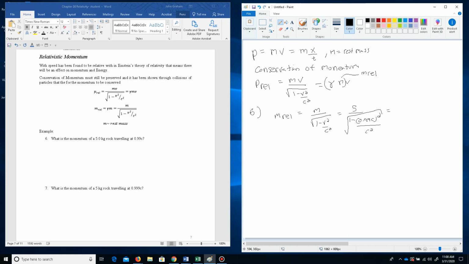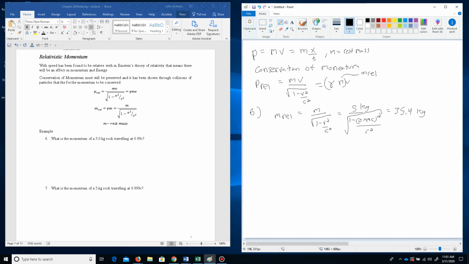Well, the c's cancel out, so 1 minus 0.99 squared. Take the square root. And you get 5 divided by that answer, and you get 35.4. And this is going to be kilograms, since the mass was in kilograms. So that holds the unit. So your relative mass is going to be 35.4 kilograms.